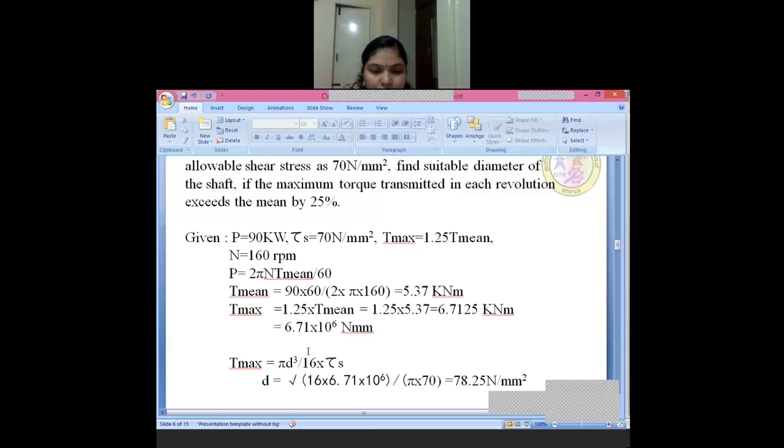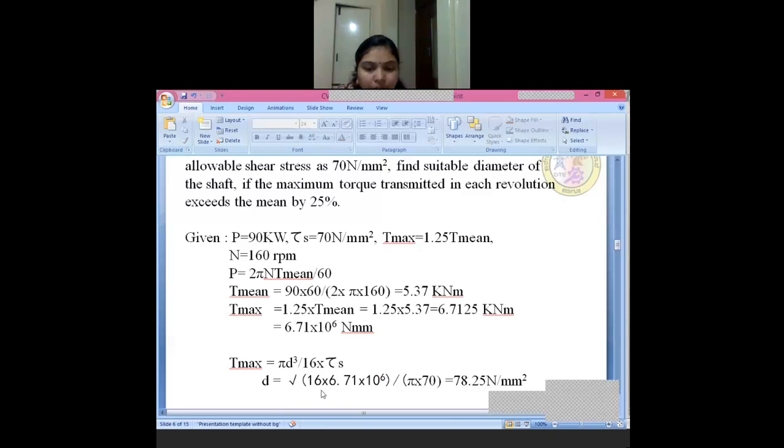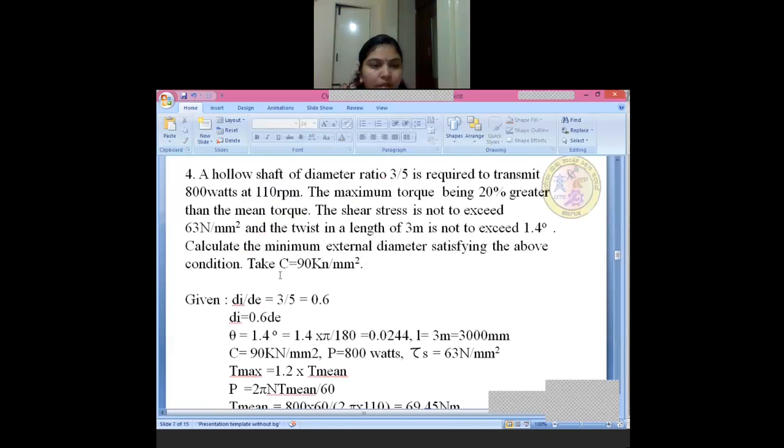Then T max is also given by pi d cube by 16 into shear stress. It turns out to be 78.8 mm.